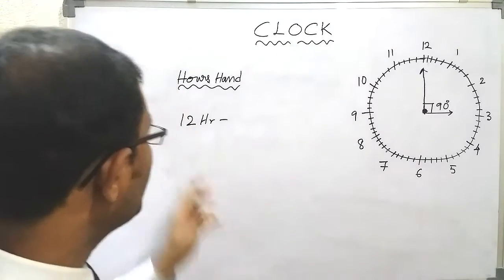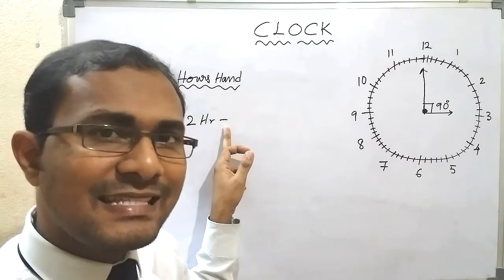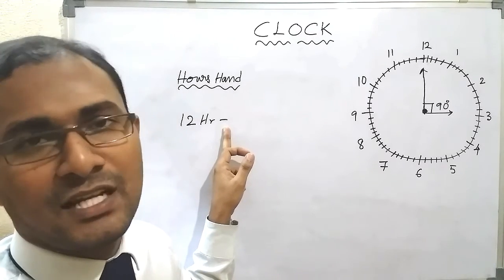It means for every 12 hours the hours hand resets its position to the original place.